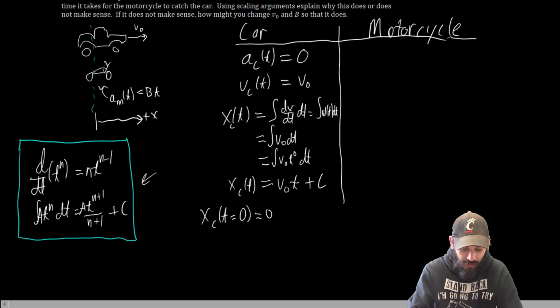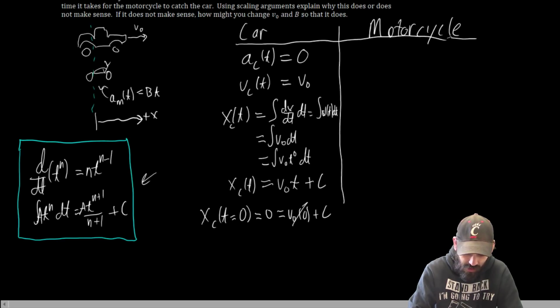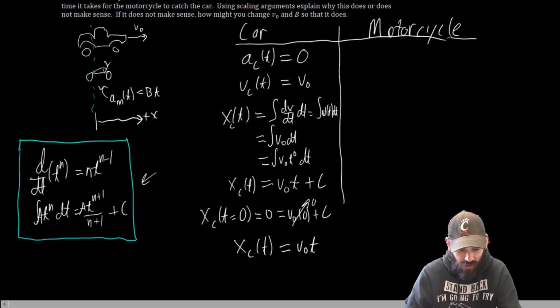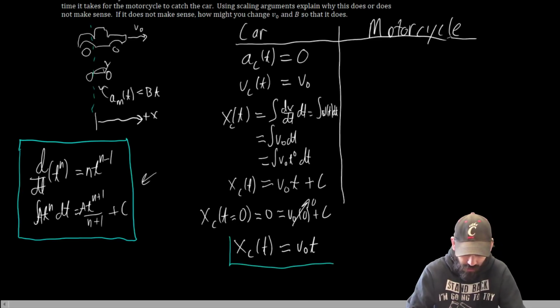We can evaluate this function for 0. So this is v0 times 0 plus c. This is 0. So 0 is equal to c. And so that tells us that for the car, x sub c r is going to be equal to just v0 times t. Okay, let's put a box around that because we're going to want to remember that for later.